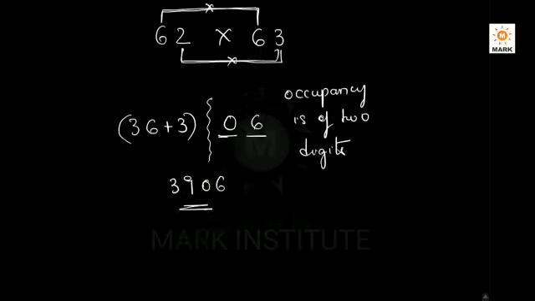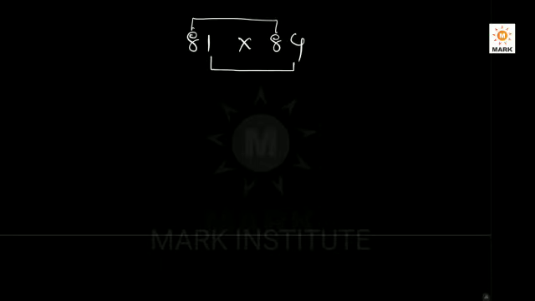Let us go for another example. It is really very easy. Suppose 81 into 84. Yes, the sum of the unit digits is 5 and the remaining numbers are the same. Dividing the answer into two parts, the right side part should always have 2 digits occupancy. What is 1 into 4?